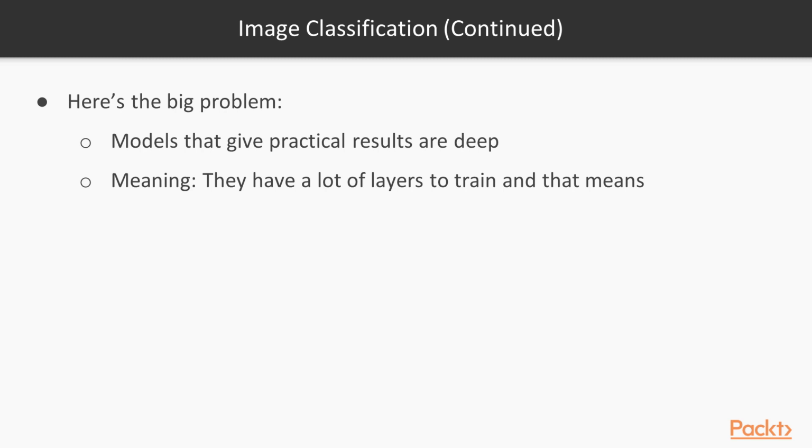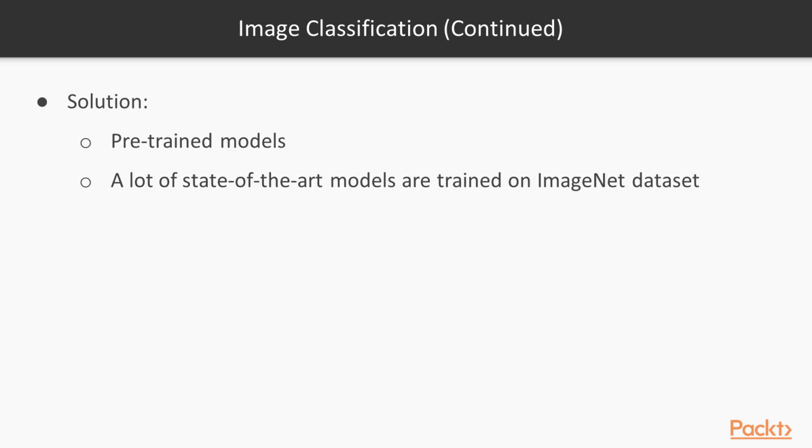And here's the big problem when you try to build your own image classification model. Models that give practical results, those results that you can compare with human performance, are really deep. Again, by deep, I mean that they have a lot of layers in between. Layers to train, and that simply means that to train your own classification model, you need a couple of things.